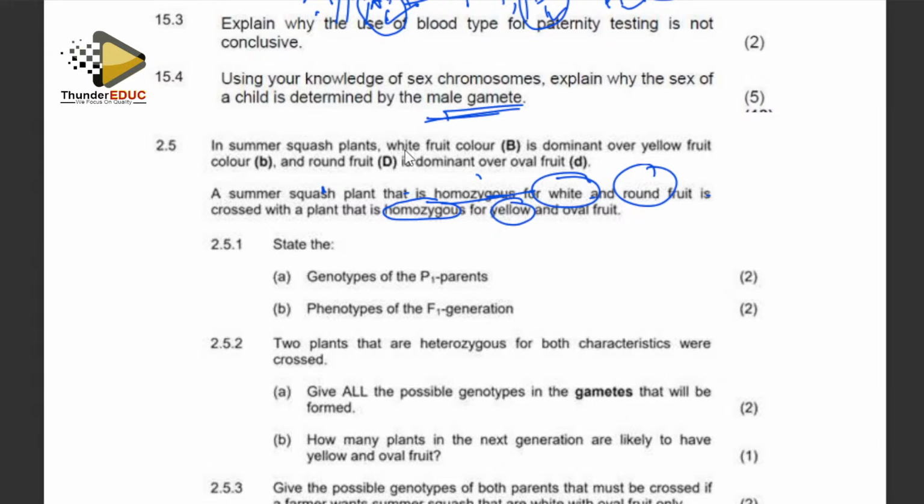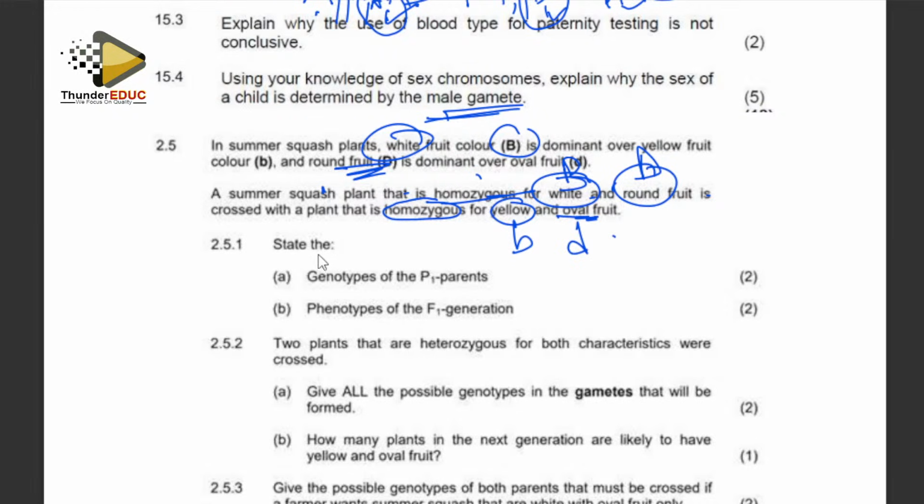They're saying that white is dominant, so this is capital B, over yellow, which is small b, and that round is capital D, dominant over oval, so small d.